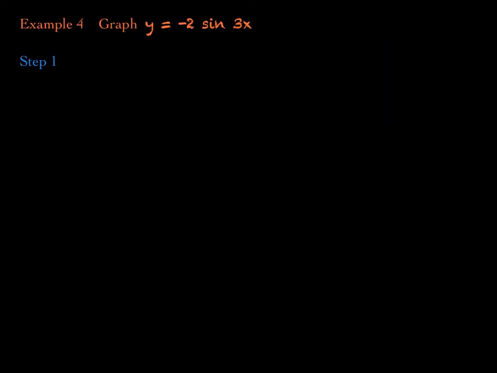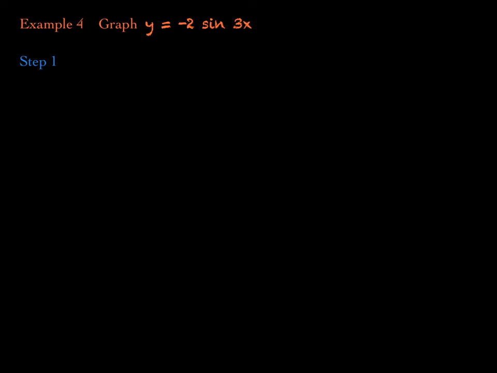All right, here's our next one. Y equals negative 2 times sine of 3x. As far as transformations are concerned, notice that this 3 is going to be a horizontal shrink. This 2, let's ignore the negative just for a second, will be a vertical stretch by a factor of 2. This 3 will change your period.